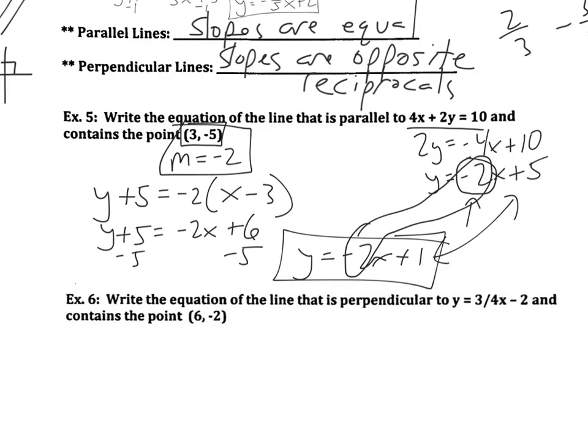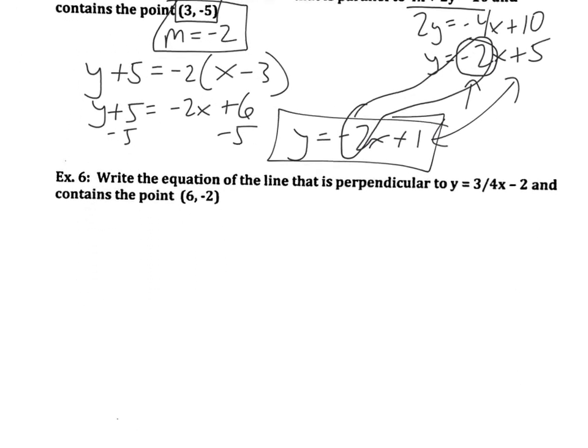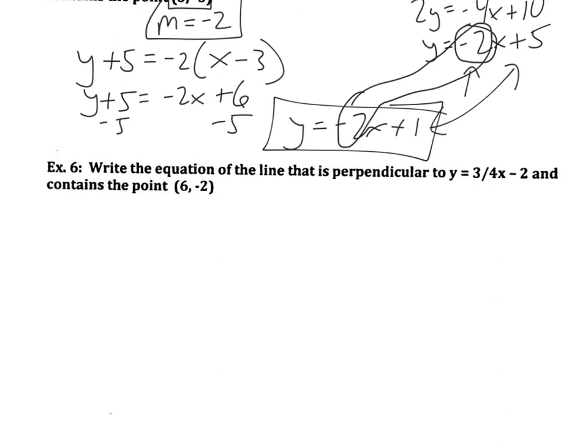All right, last one. Write the equation of the line that's perpendicular now, so the slopes won't be the same, to y equals 3/4 x minus 2 and contains the given point. So the slope of the line they give us is 3/4. I want a line perpendicular to this, so the opposite reciprocal of 3/4 is -4/3.